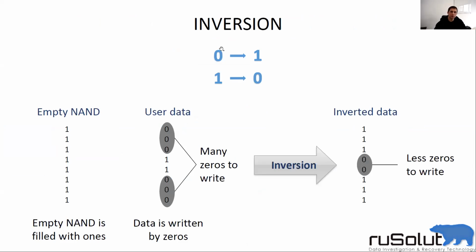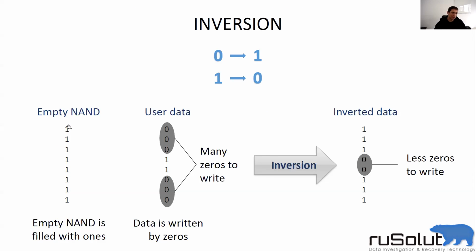So inversion is a simple transformation when the controller just inverts 0 to 1 and 1 to 0. Very easy transformation. And the question is only why? Why would the controller do this? And the answer is easy. The empty NAND consists of ones only.